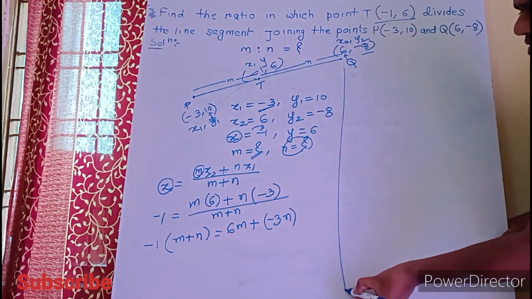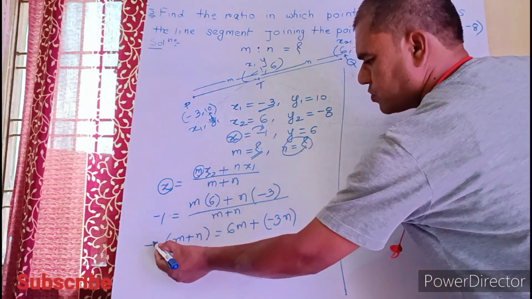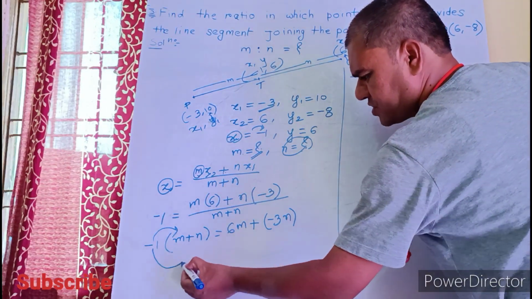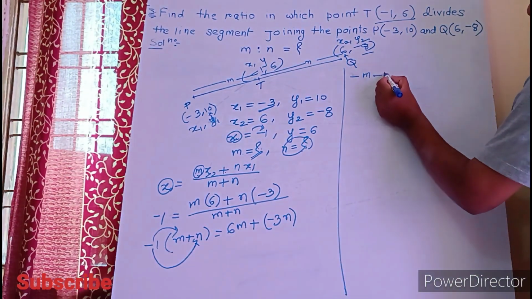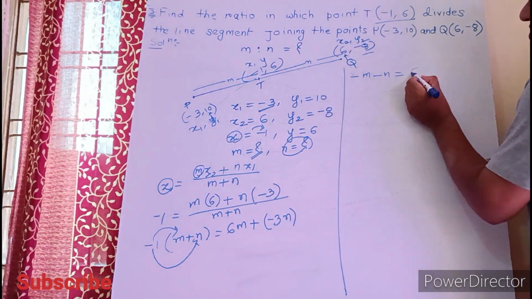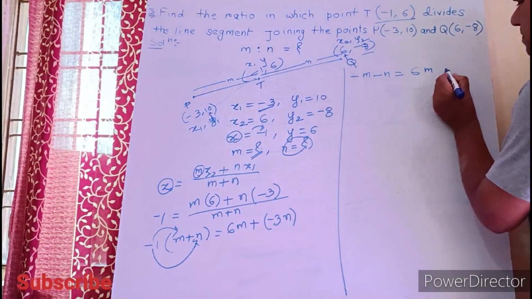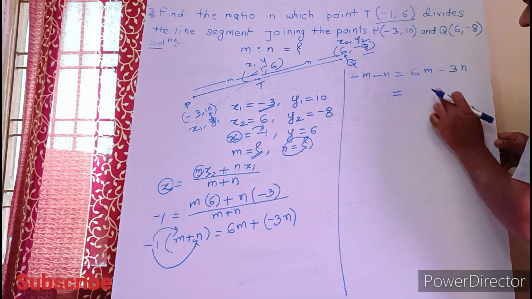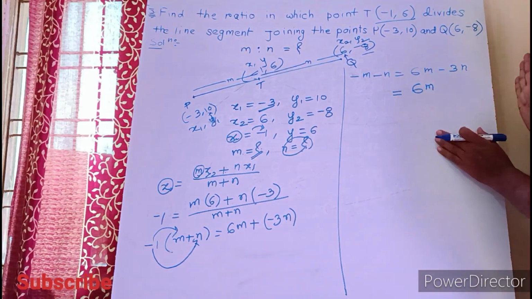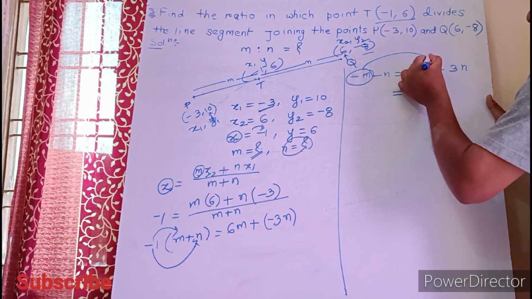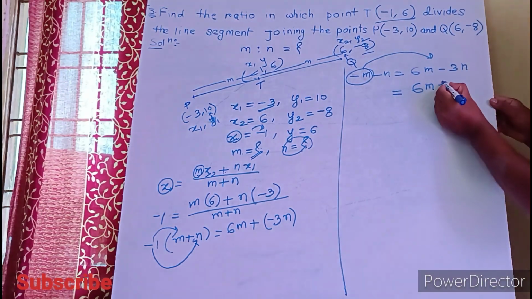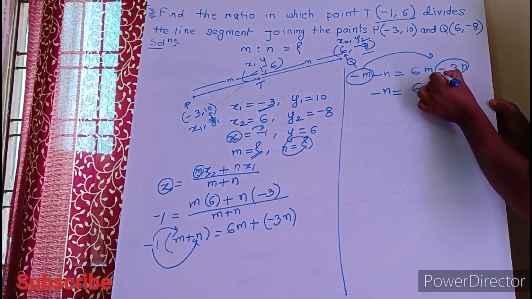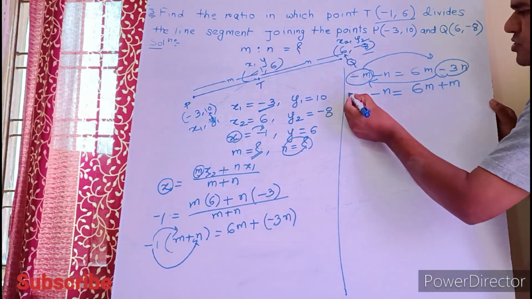Now on solving, -1 into m is -m, -1 into n is -n, equals 6m as it is, minus 3n. Now 6m we keep on the right side. This -m is shifting to the right hand side, it will be plus m. Minus n as it is. Now -3n is shifting to the left hand side, it will become plus 3n.